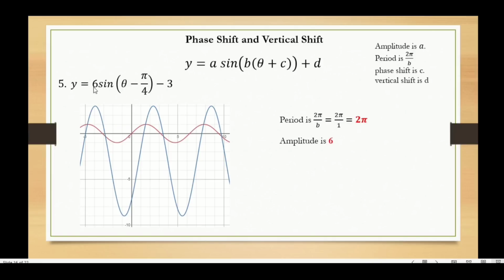Yung amplitude natin is 6. And then yung phase shift natin ay magmumove ng pi over 4 to the right, since negative yun nandyan. And then, yung vertical shift natin, magmumove siya ng negative 3 units downward, since negative ito. Okay? Ganyan kunin yung properties ng graph ng sine and cosine functions.